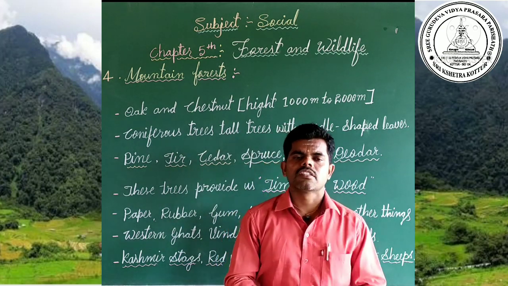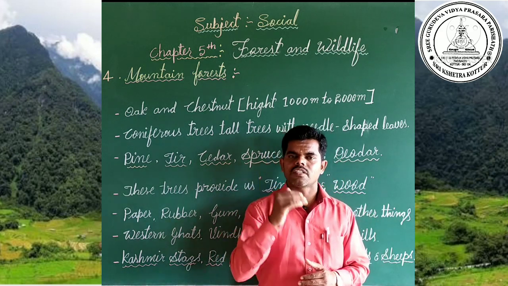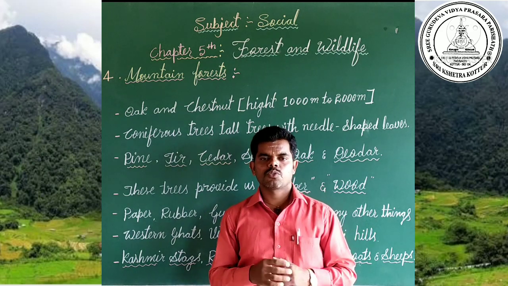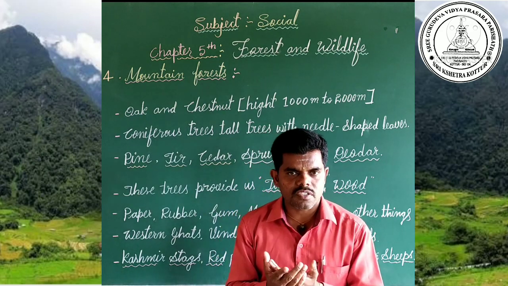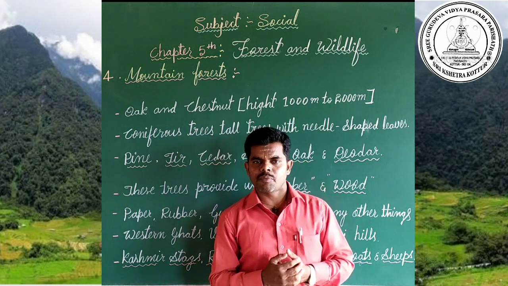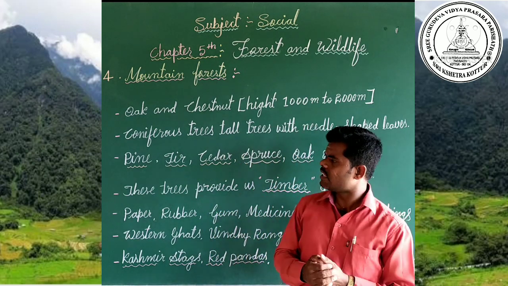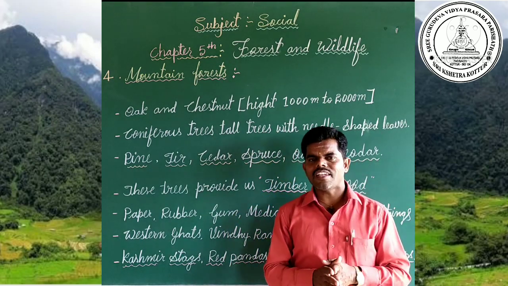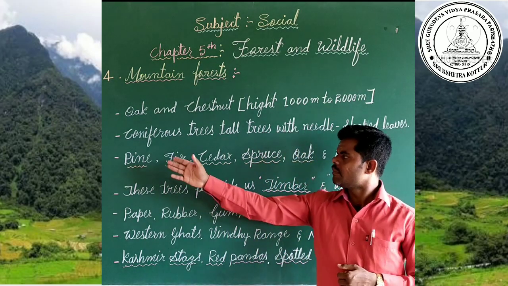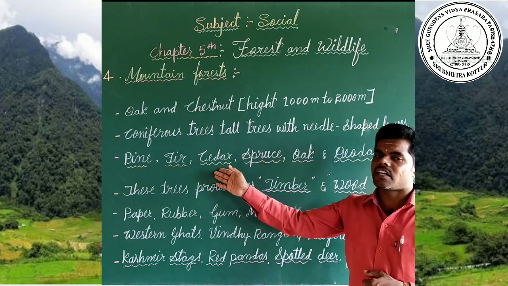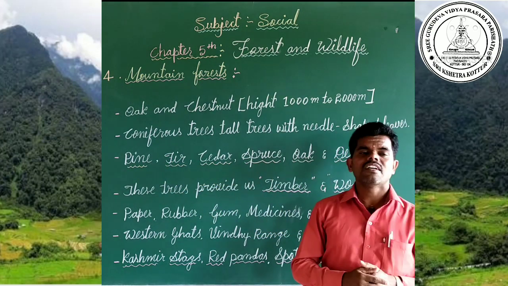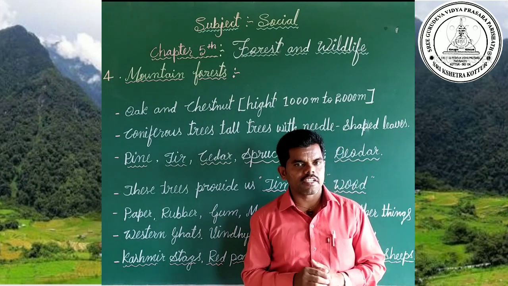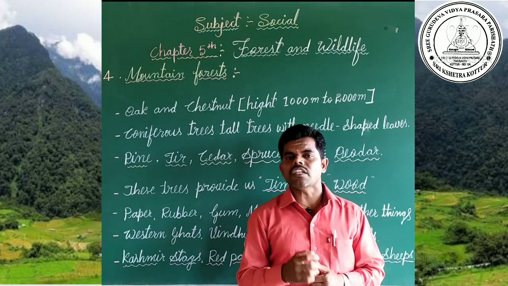And one more thing, the coniferous trees are very tall trees with needle-shaped leaves. We can see different kinds of trees in the Himalayan range, for example pine, fir, kedar, spruce, oak and deodar, also found between the height of 1500 meter to 3000 meter.